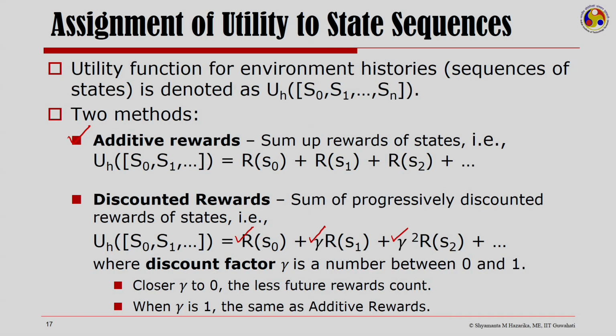Now, the closer gamma is to 0, the less future rewards count, and note that when I have gamma equal to 1, the discounted rewards is the same as the additive rewards. So, this is how I assign utility to state sequences.